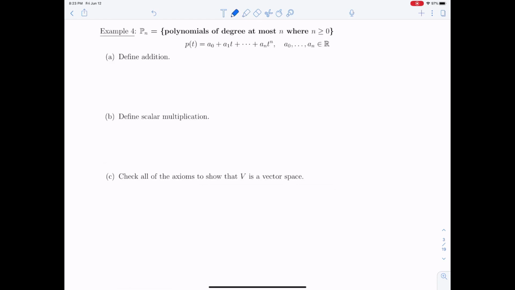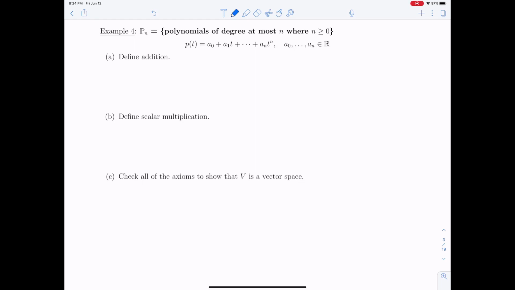Here's another non-trivial example of a vector space. Suppose that P sub n is the set of polynomials of degree at most n, or degree less than or equal to n. Then we can define addition and scalar multiplication in a natural way.